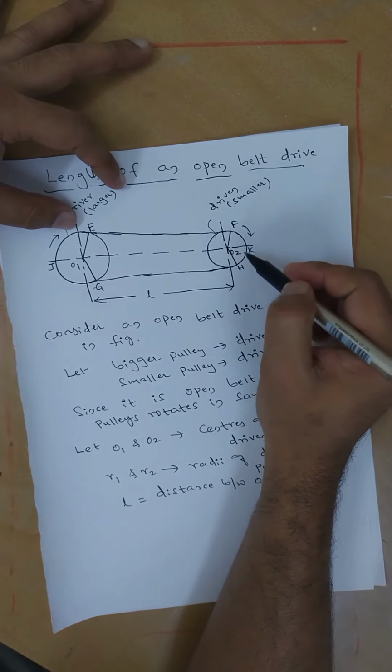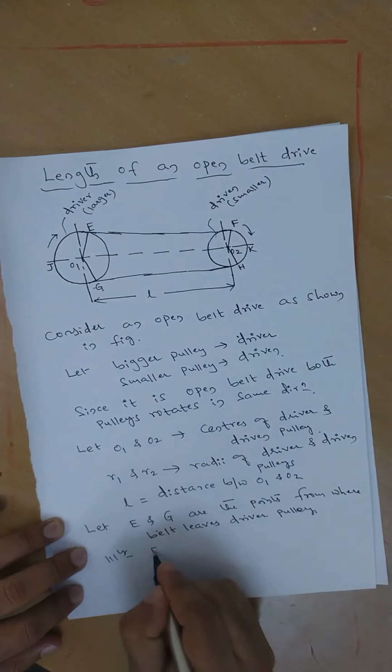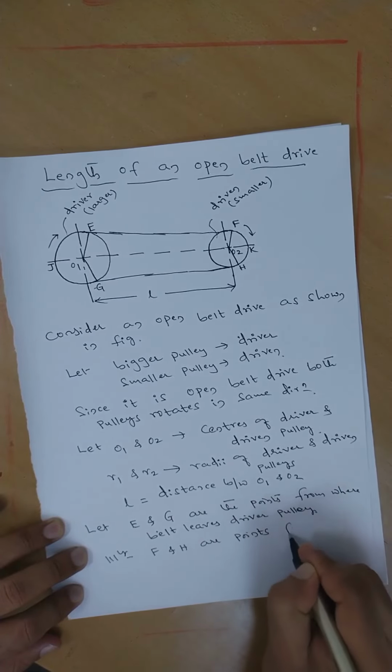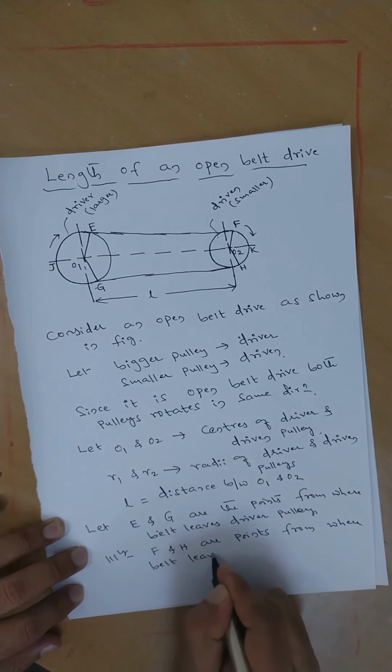Similarly, F and H are the points from where the belt leaves the driven pulley.